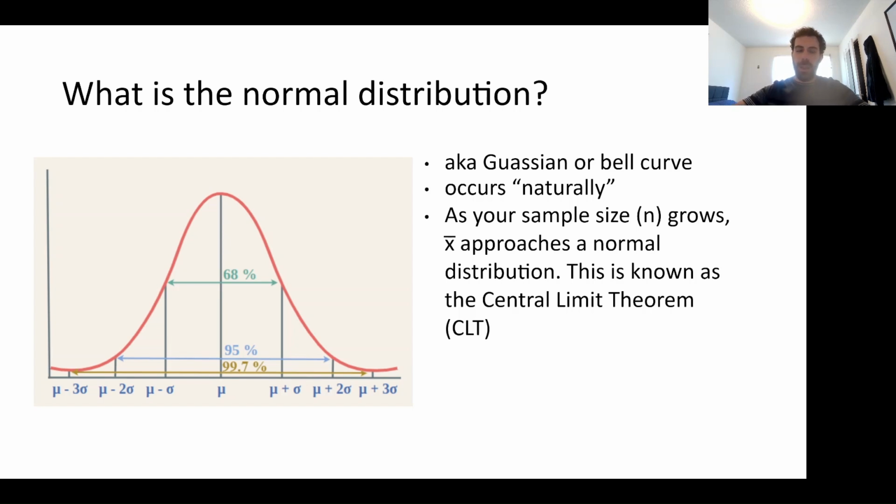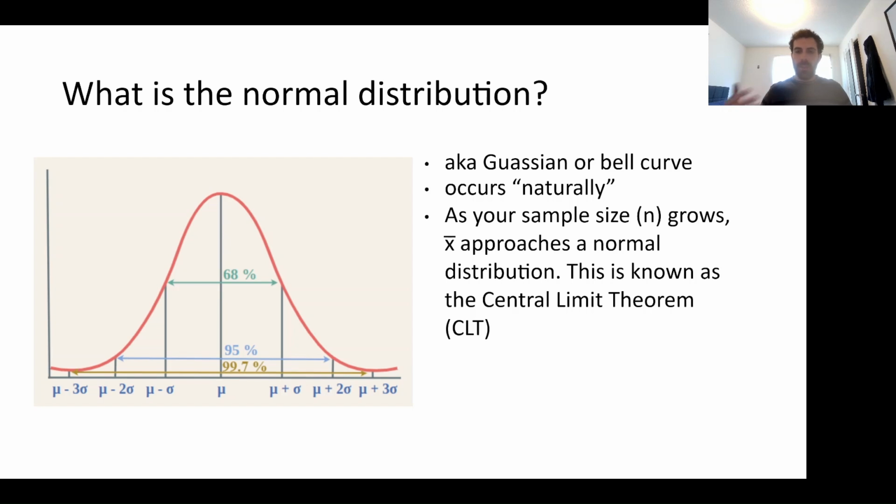The reason it has that word normal is because it occurs somewhat naturally when you're measuring data. For example, heights are normally distributed. So if you were to just collect a bunch of heights randomly and representatively from a population of humans or another animal, it's very likely that when you make the density plot, it's going to look normal.